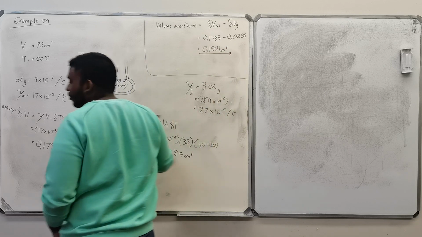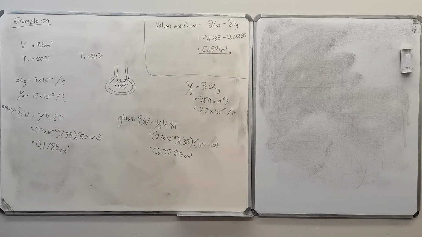So that's the volume of mercury that overflowed when the temperature was changed to 50 degrees.